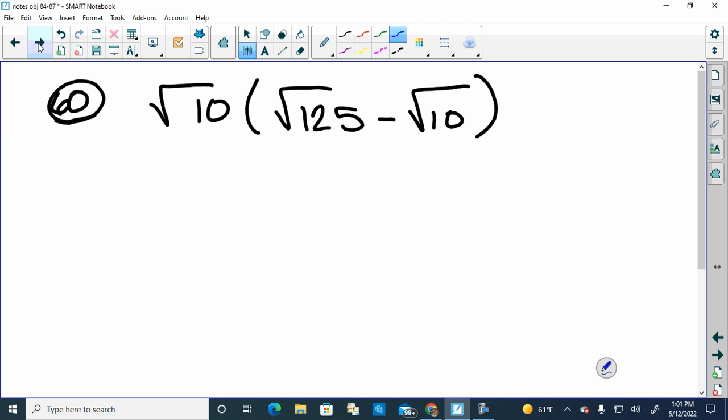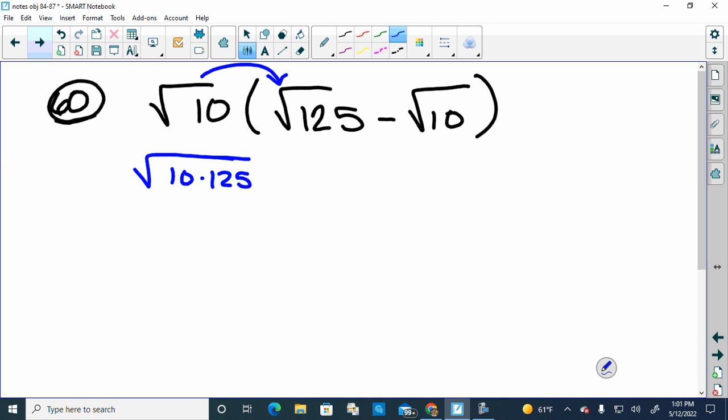Okay, so we're distributing, which means to multiply. Just like the last one, you can put these together if you want to and make it 1,250 and then break it down, which makes it a big number. Or just know that when you're timesing, we're really just putting these guys together and they're already broken down, so I can break them down from there. They're smaller numbers to work with.